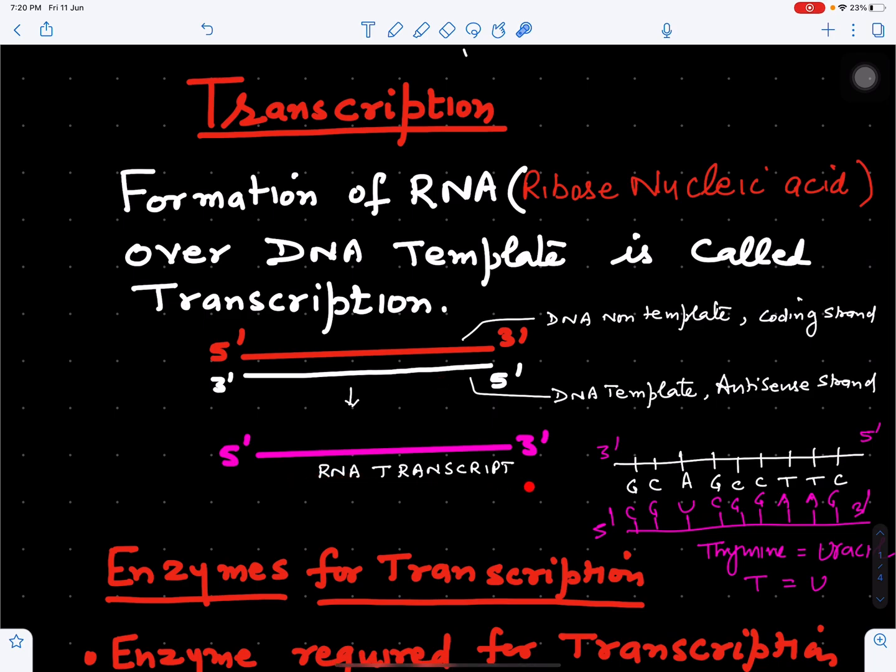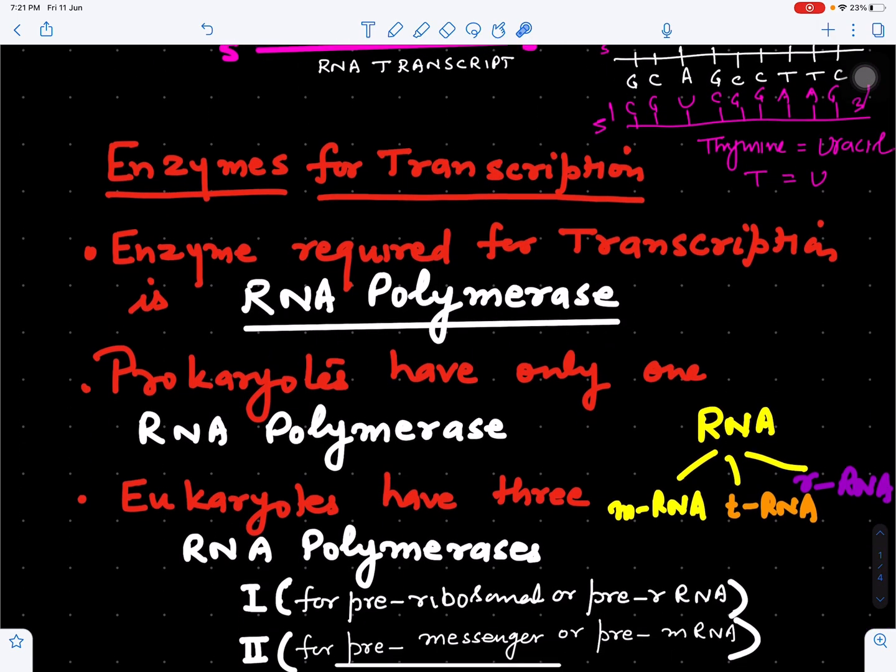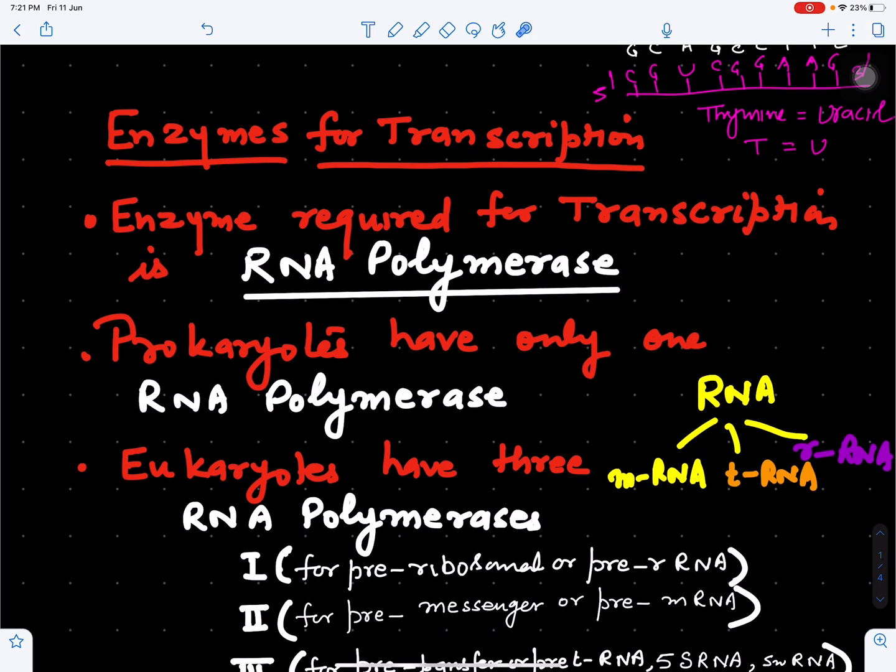Now, what are the enzymes required for transcription? The enzyme required for transcription is RNA polymerase. We have two kinds of organisms, prokaryotes and eukaryotes. Prokaryotes include bacteria and blue-green algae, and eukaryotes include animal cells and plant cells.